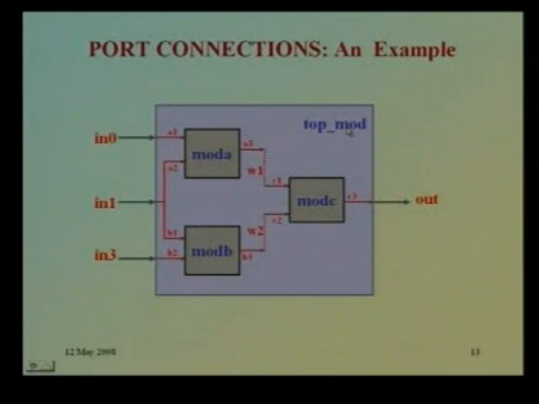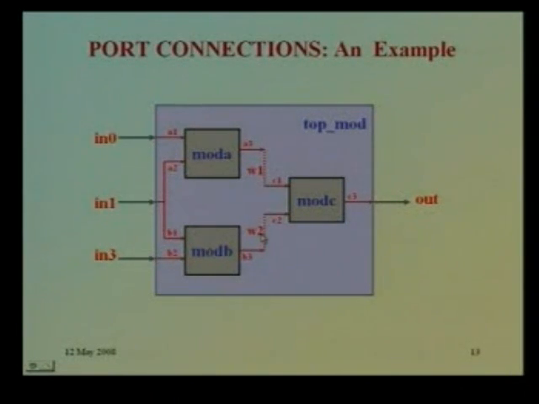The top module contains the three modules, and these are the connections we have to do for the submodules. I have to declare the wires W1 and W2. These are the two necessary wires to be connected. Now how to integrate it?